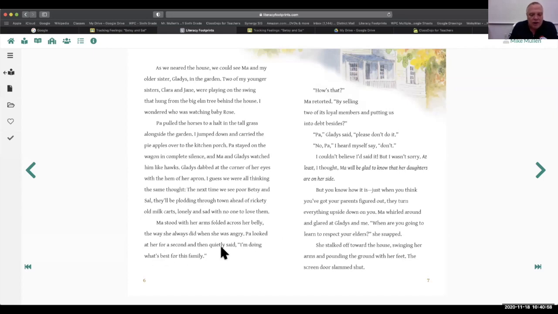Paul looked at her a second and quietly said, now this reveals his feelings, I'm doing what's best for this family. So Ma, you could say it, even says it, she's angry. What is Paul feeling right there? Maybe he's feeling a little bit like he's out by himself, that he's alone in all of this, isn't he? And that's a powerful feeling as well.